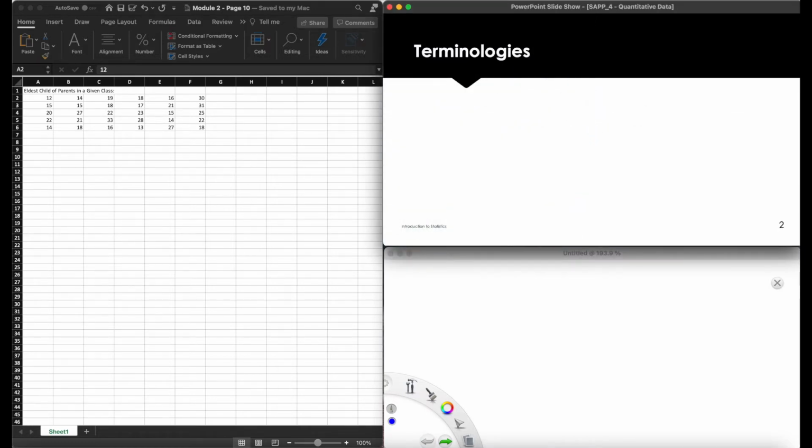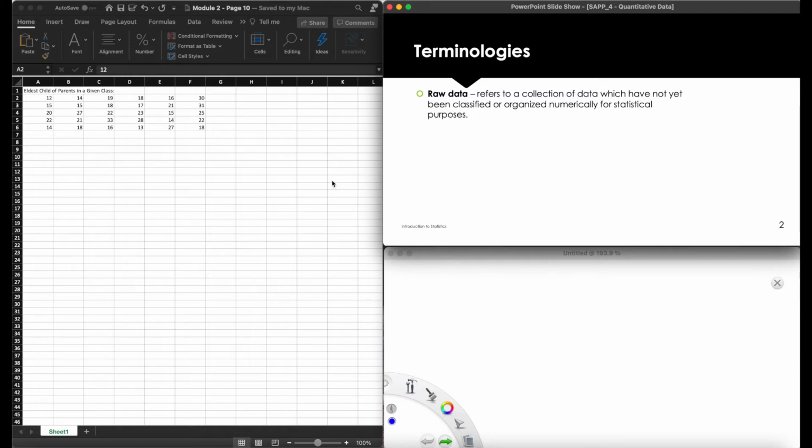Before we go into deeper details, again, please keep your attention on the upper right of the screen. We will talk about the terminologies which are very essential in our topic today. First is raw data. Raw data refers to the collection of data which have not yet been classified or organized numerically for statistical purposes.